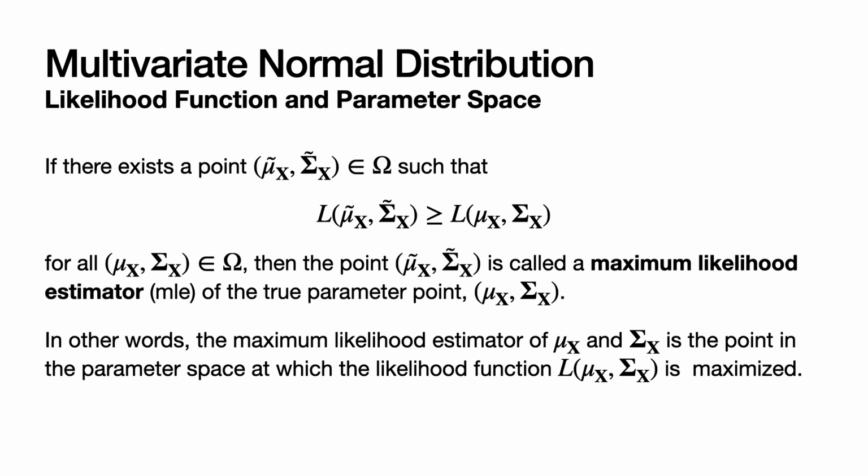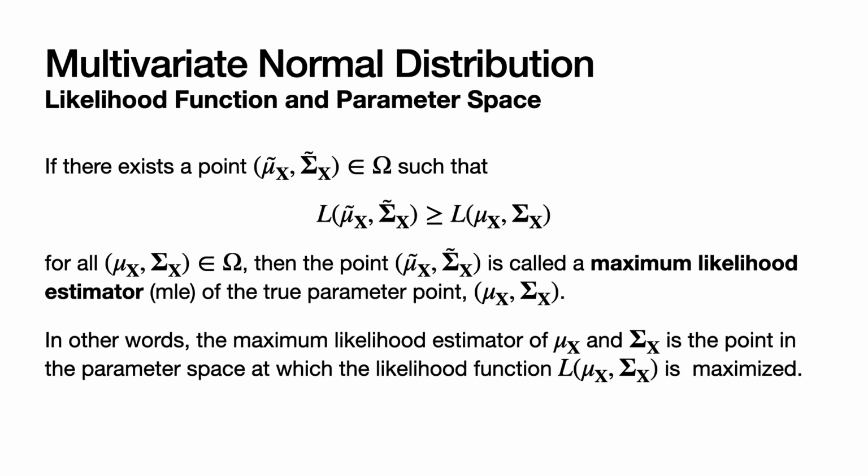Now, if there exists a point in the parameter space, which we will denote as the ordered pair mu tilde sub x and capital sigma tilde sub x, such that the likelihood function evaluated at that point is greater than or equal to the likelihood function evaluated at any other point in the parameter space, then this point, mu tilde sub x, comma capital sigma tilde sub x, is called a maximum likelihood estimator, again MLE, of the true parameter point mu sub x, comma sigma sub x.